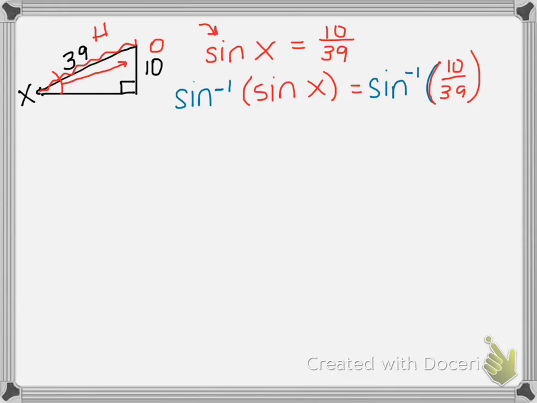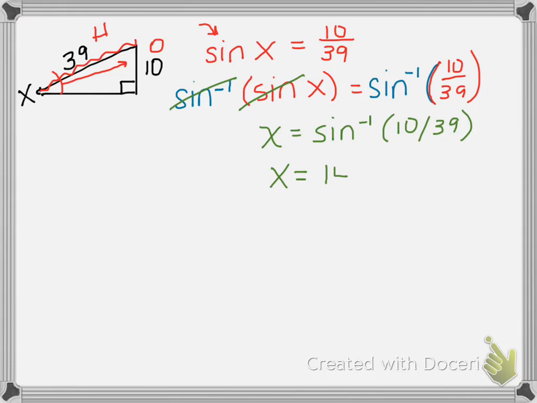Since we have inverse trig functions, those cancel out, so we have X equals sine inverse of 10 divided by 39. When you put that in your calculator, you're going to get the angle of our triangle, and it's 14.9 degrees. Okay?